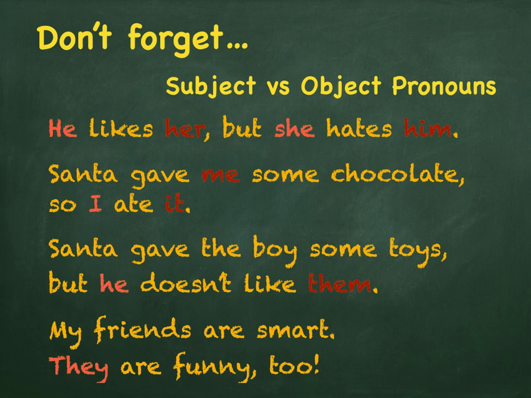Okay, so when you are reading and listening, it's important to know what the pronouns mean, what they refer to. Let's start at the bottom. It should be easy to see, in this case, that they is about my friends. It refers to my friends.